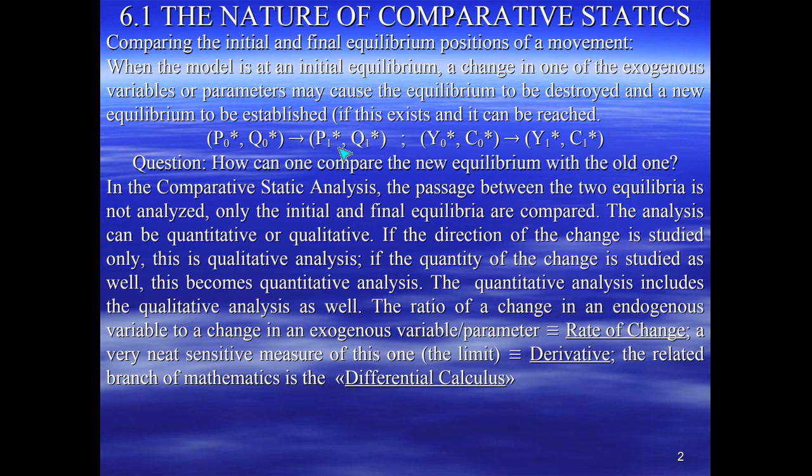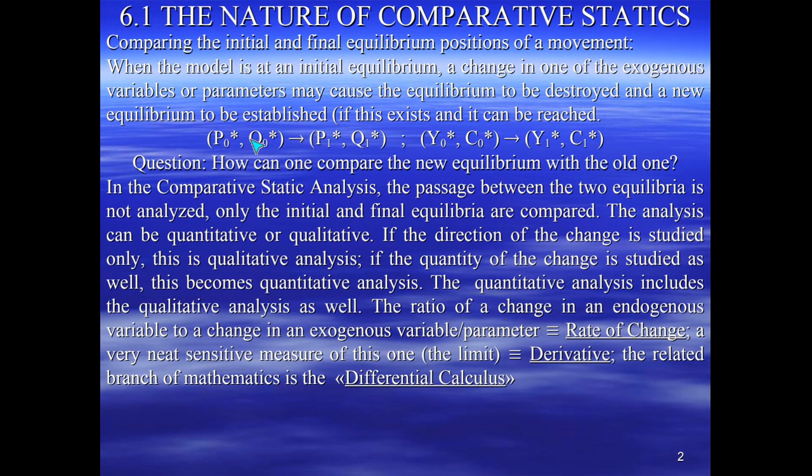We reach a new equilibrium, P1 star, Q1 star, where the final equilibrium price can be higher or lower than the initial equilibrium price. 0 means initial, 1 means final. Star means equilibrium or solution. We can also use the small letter e for equilibrium, as one encounters in economics books.